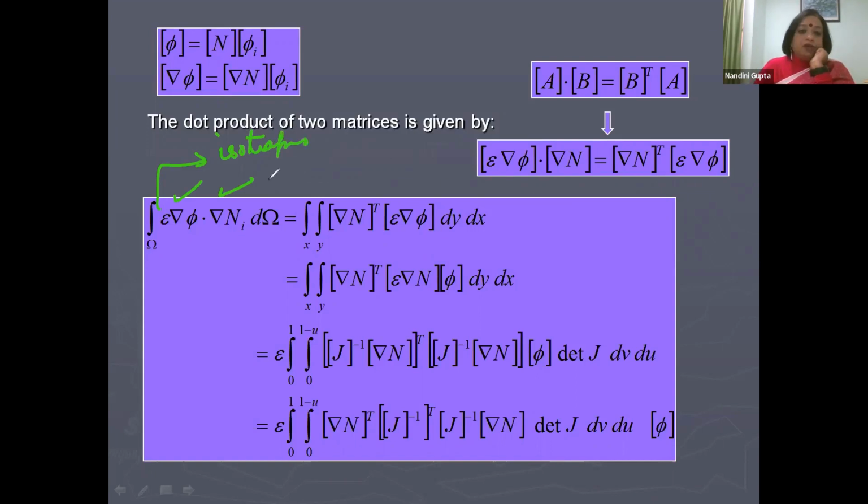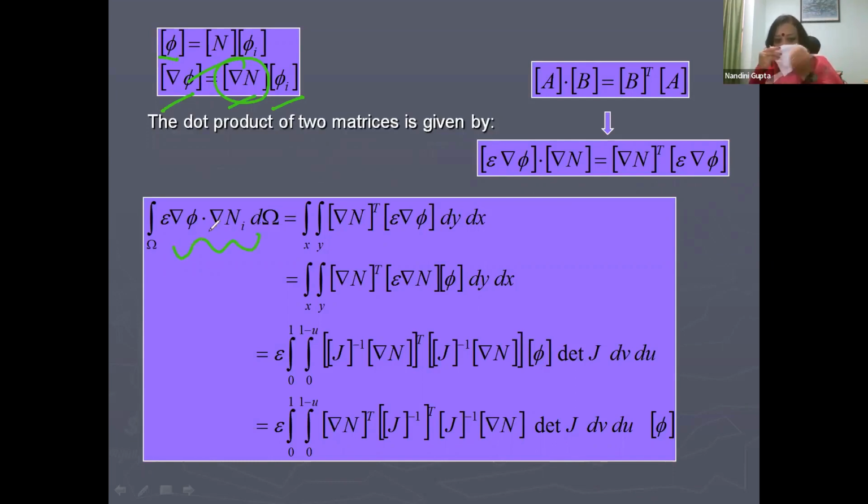So it's a scalar quantity and it's constant for a particular element. So phi is again n1 phi 1 plus n2 phi 2. So phi can be written as the shape function matrix multiplied by the nodal vector. So grad phi would be grad n phi I. Grad n I have already obtained. So I can now go ahead and evaluate this quantity.